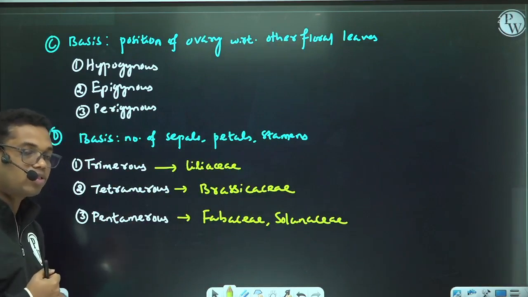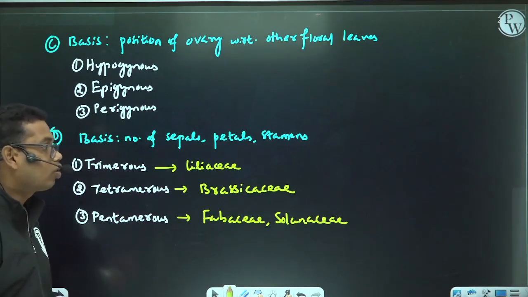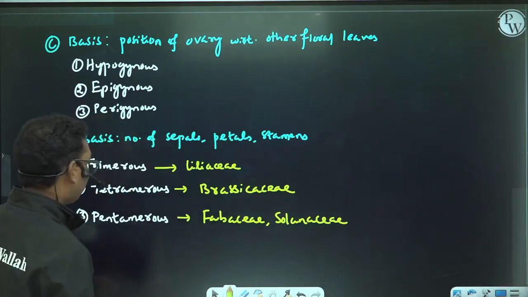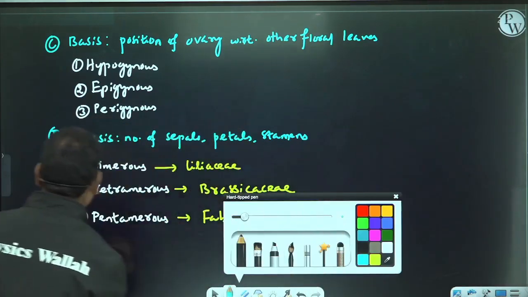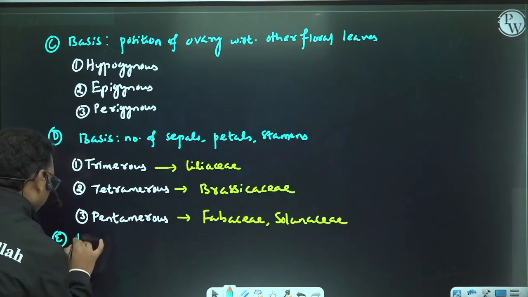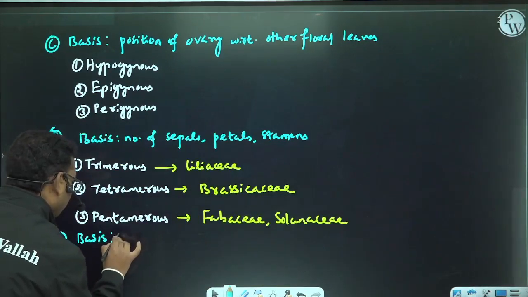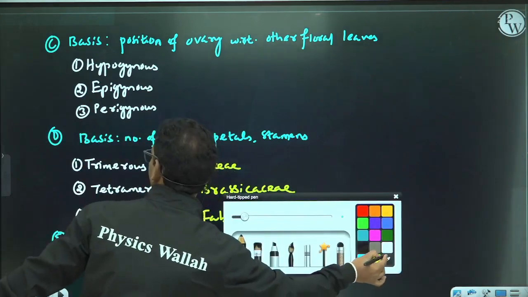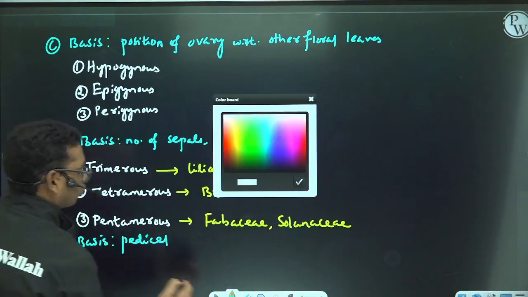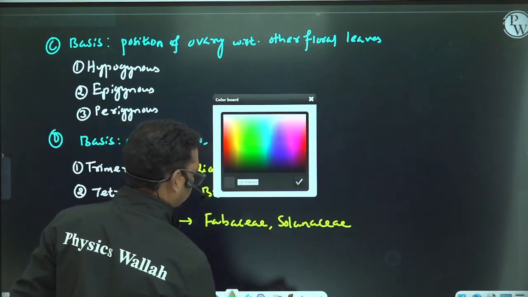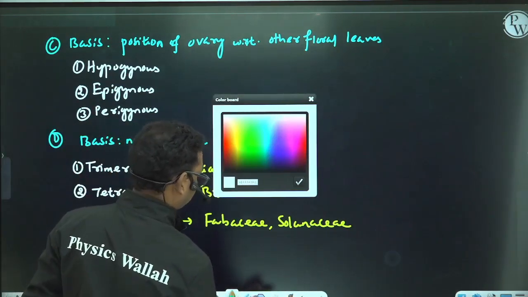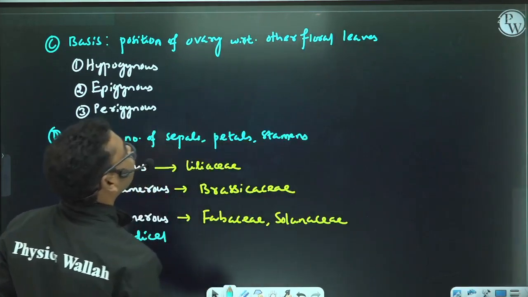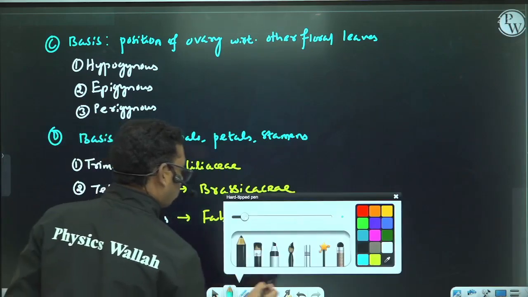Another basis is the presence of pedicel. If pedicel is present, it is a pedicellate flower. If pedicel is absent, that will be called a sessile flower. So let me write that part here. The basis is pedicel.